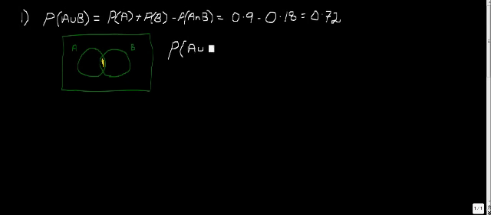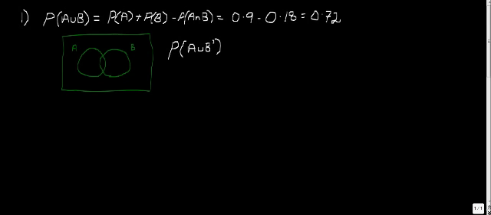Now there are a couple of ways we could do this, but let's just go back to our diagram. I want to get rid of this little yellow bit in the middle. So P, A union not B. What are our probabilities? Let's just label them.